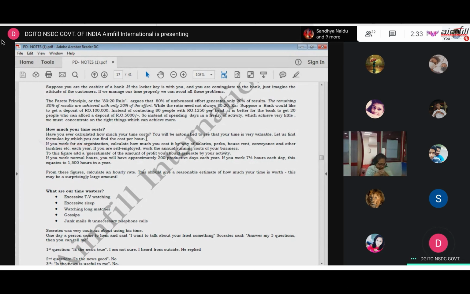Number 2, minus holidays. Out of 48 weeks, we'll assume that we will take away 8 weeks, thinking of your sick leave, paid leave, weekends, all that.